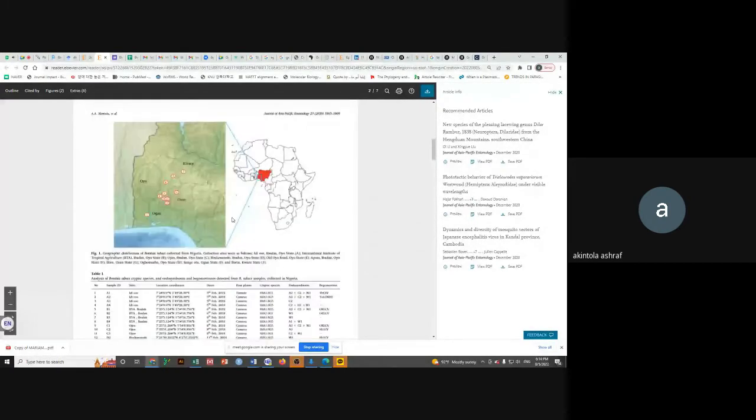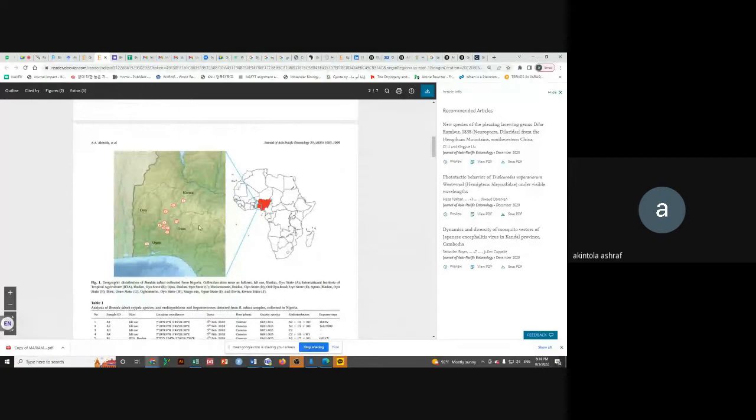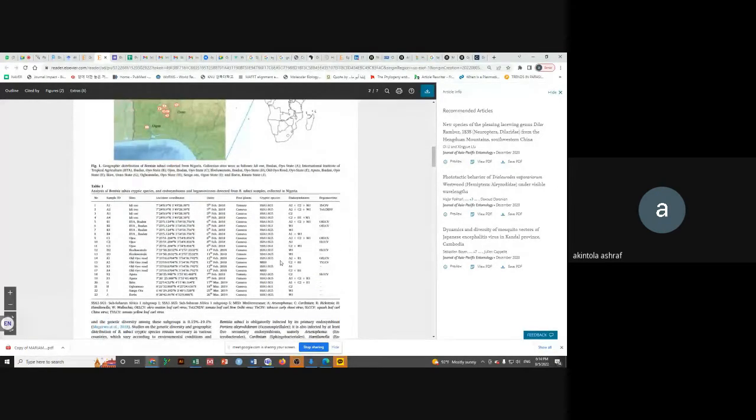So this shows the region from which I collected my insect samples. And then this is a tabulation of the sample ID, the site, the location coordinates, the date, the host plant, the cryptic species. Now, from the cryptic species, endosymbionts and begomovirus, I was able to denote what happened to the particular insect.